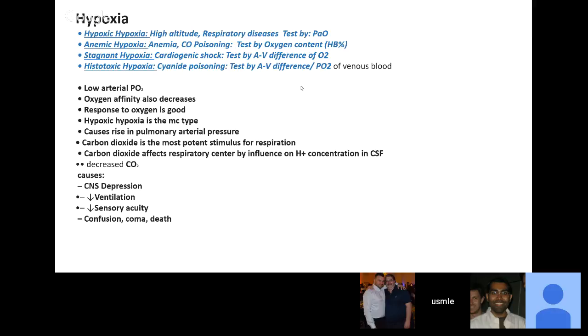Overall, a decrease of CO2 can lead to problems too. Too much oxygen is not good, and too little oxygen is not good. But any sign of hypoxia is going to be felt by the brain: you're going to have depression, change of mood, aggressiveness or tiredness, confusion, coma, death.